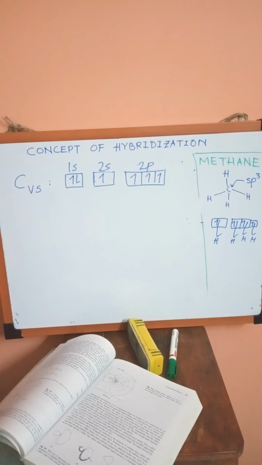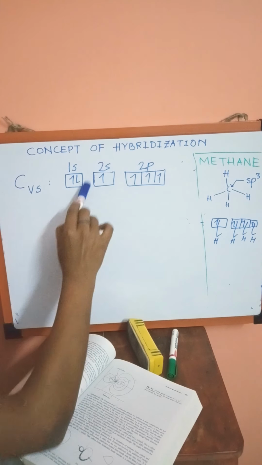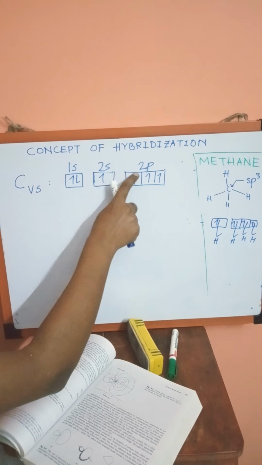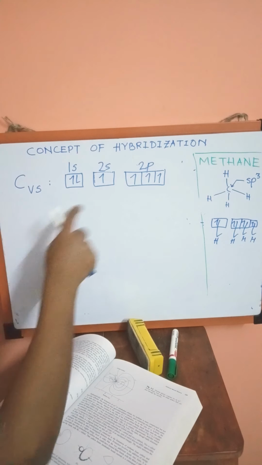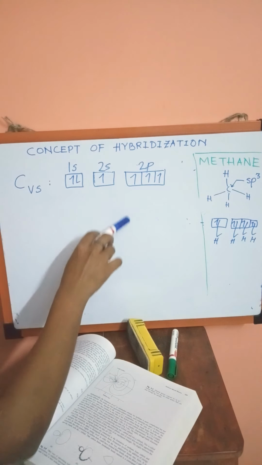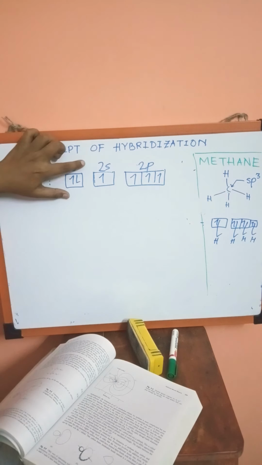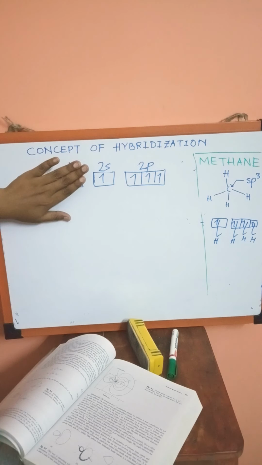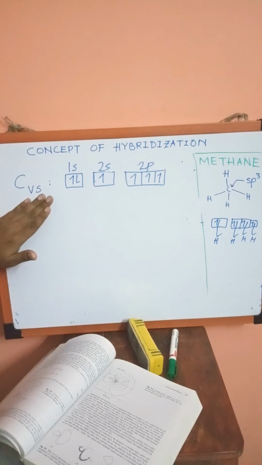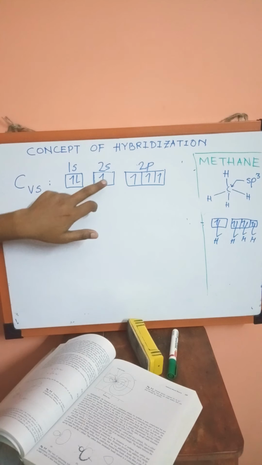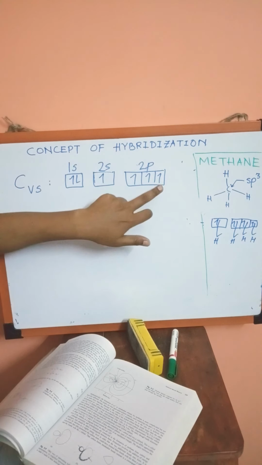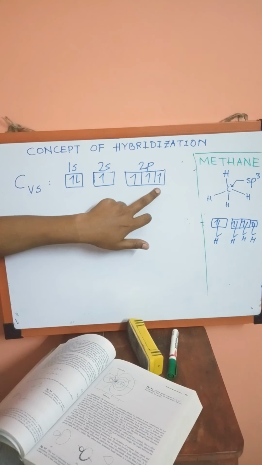Again I say that hybridization consists of mixing or linear combination of pure atomic orbitals, that is here 2s and 2p, these are pure orbitals, to form a set of new hybrid orbitals. Now implement these things. The 1s2 electron has not changed anything from the ground state to the valence state, so you don't need to think about it. Through the promotion of electron, what happened? One of the 2s electrons went to one of the vacant 2p orbitals.